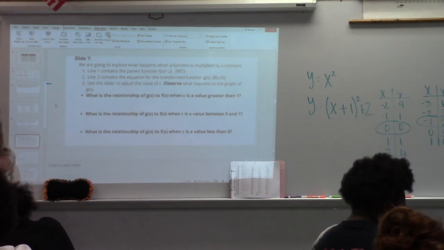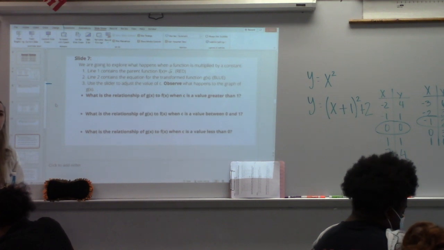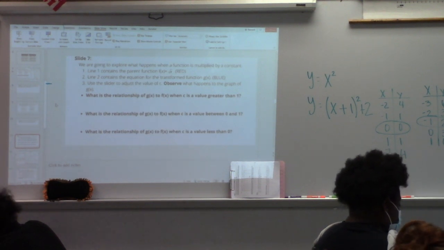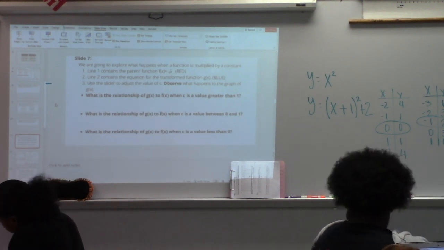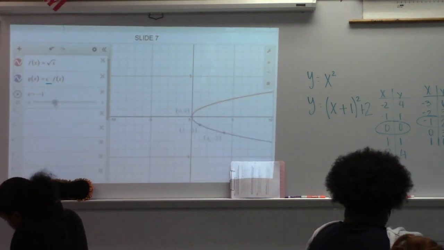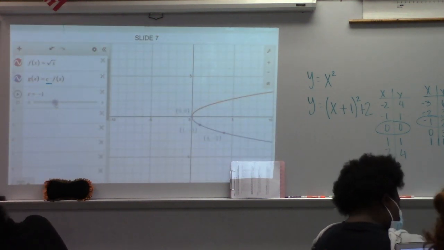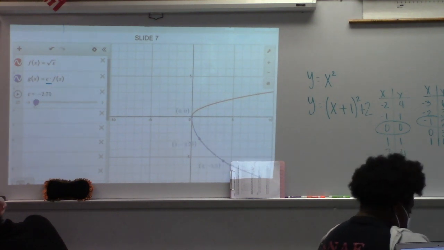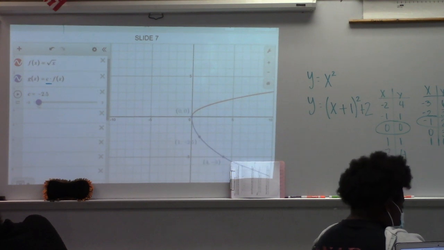With our C, when we were multiplying by a number between 0 and 1, we had what kind of dilation? We had a compression. Now we're looking at when C is less than 0. Let me ask you this: when we're multiplying by a negative number, does anything change about the values for stretching and compressing?